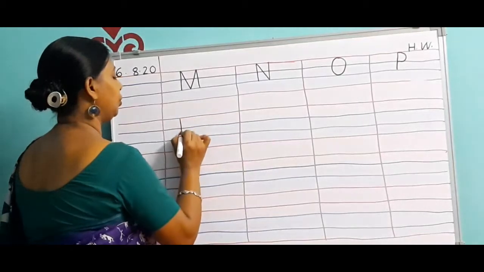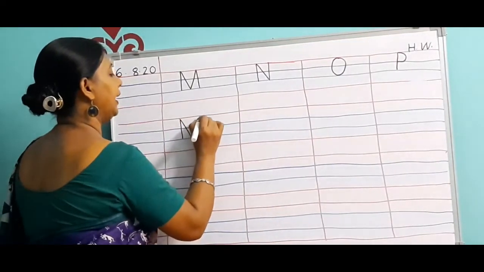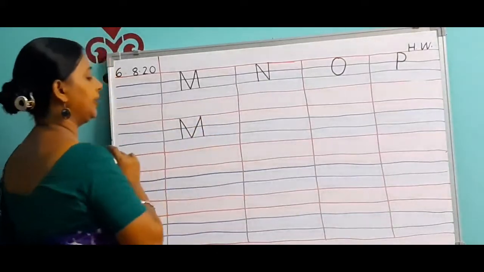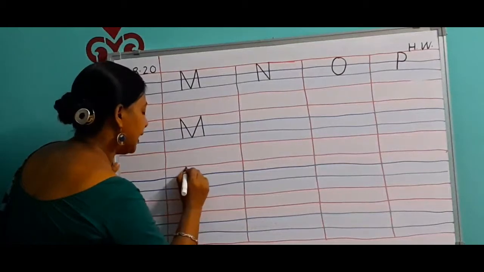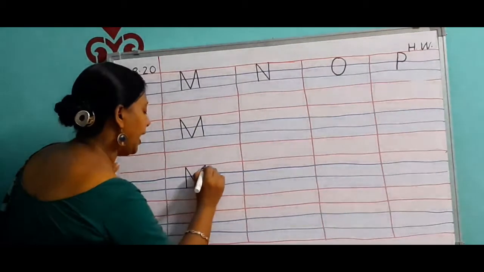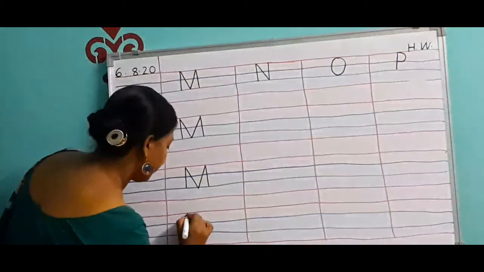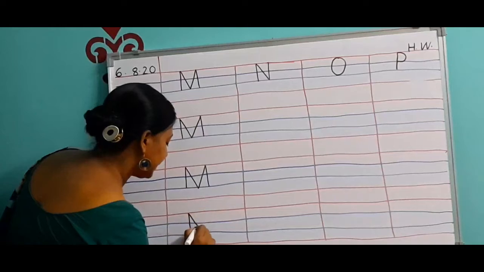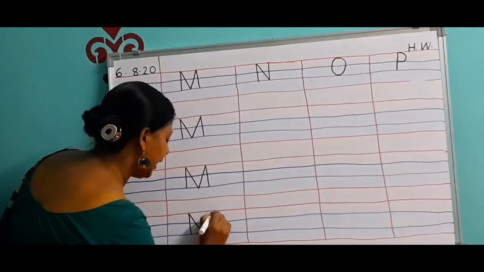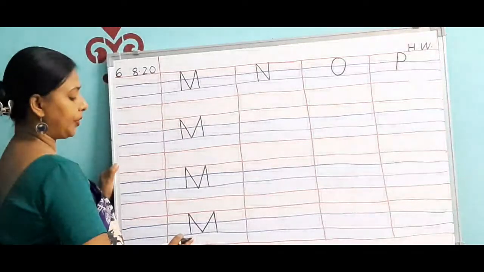From the first line you'll draw a standing line, slant line down, slant line up, and standing line. This has become M. Again, standing line, slant line down, slant line up, and standing line. Once again, standing line, slant line down, slant line up, and standing line. This is M for moon.